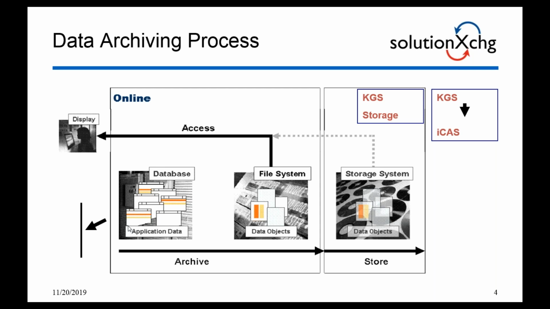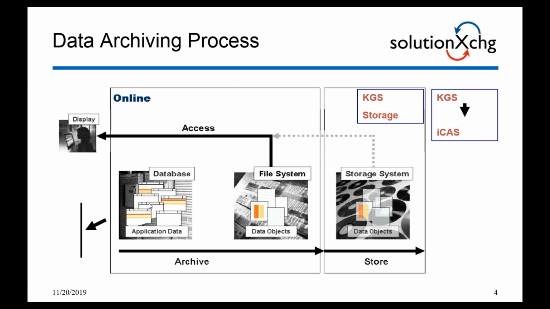The next step in the process would be the delete process. The delete process reads the data within the archive files themselves, and then goes within the database and deletes those specific records out of the database. After that, the data gets written from the file system and pushed out to the storage system. The storage system that SolutionXchg recommends and uses is the KGS system. So we would store the data in the KGS system.